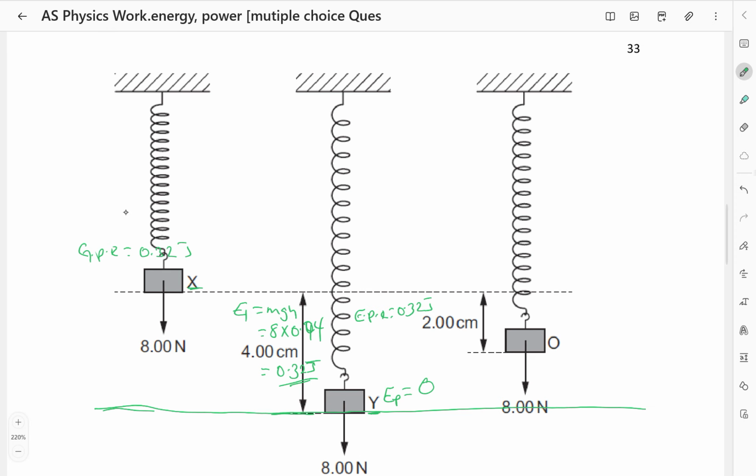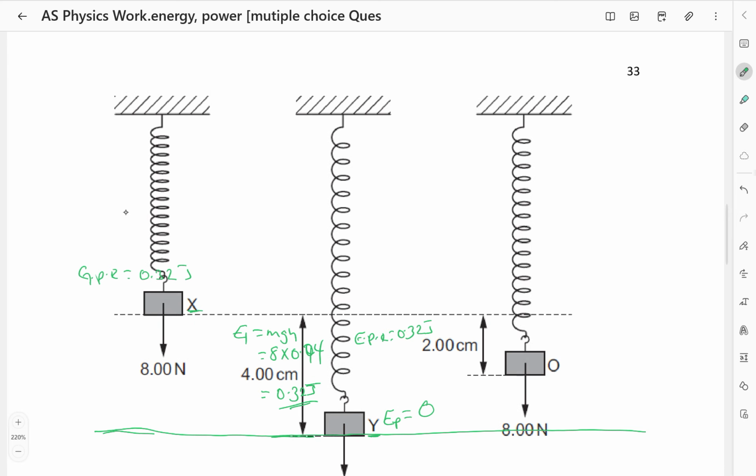It will have moved through a distance of 2 centimeters from the reference point Y. So the gain in gravitational potential energy is mgh. mg is 8 newtons and h is 0.02, which gives us 0.16 joules. That is the gain in gravitational potential energy when it moves from position Y to position O.